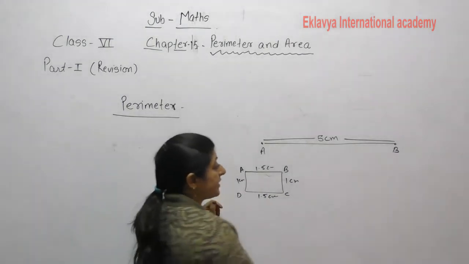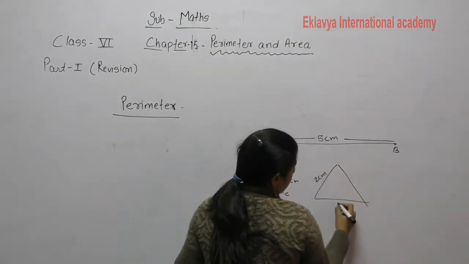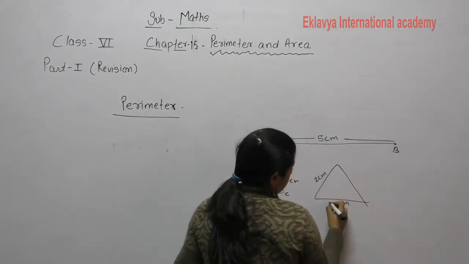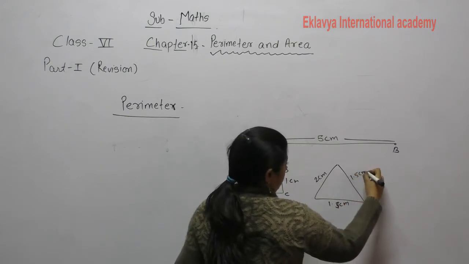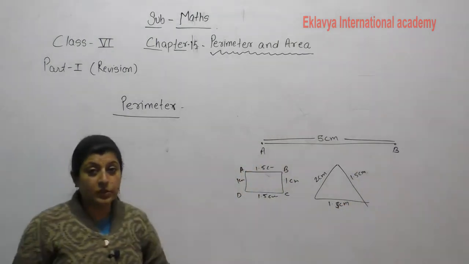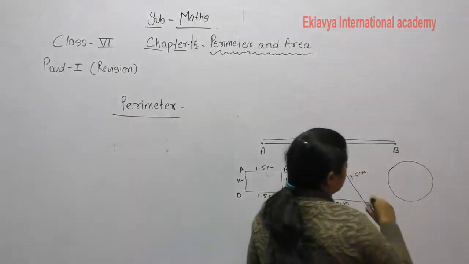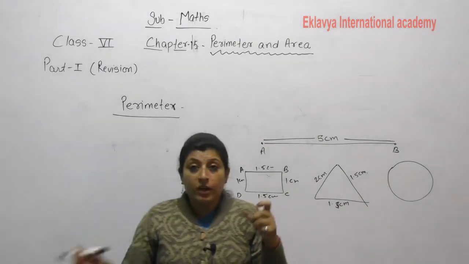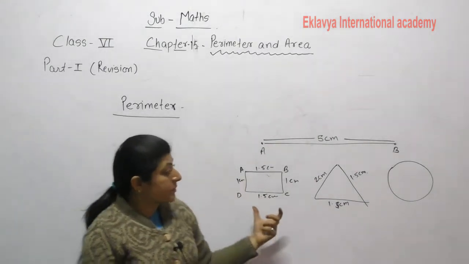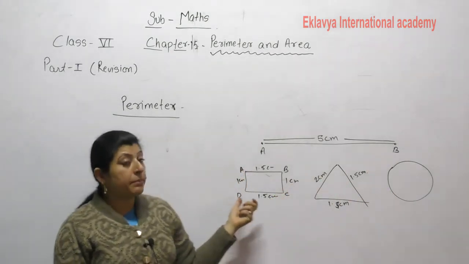You can make a triangle. You can make a circle. You can bend this wire into a circle, having a perimeter of 5 centimeter. So different types of shapes may have the same perimeter.